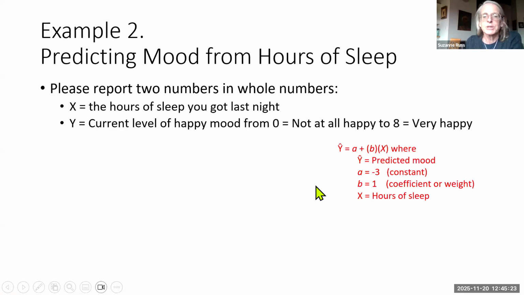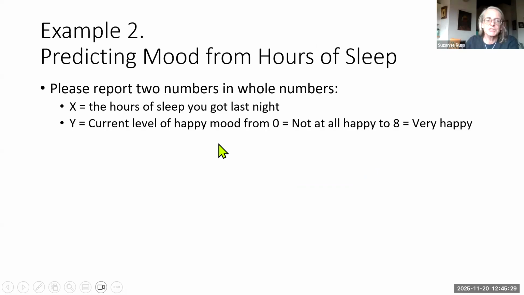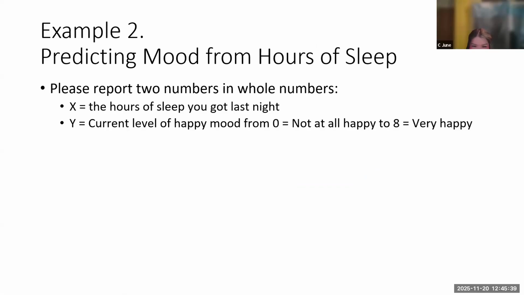Okay. And we could do this. We could plug in your data. How many hours of sleep did you get last night? Anyone who wants to throw some data in for us. 6 hours. All right.